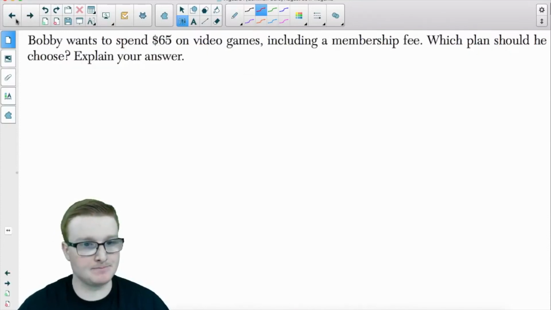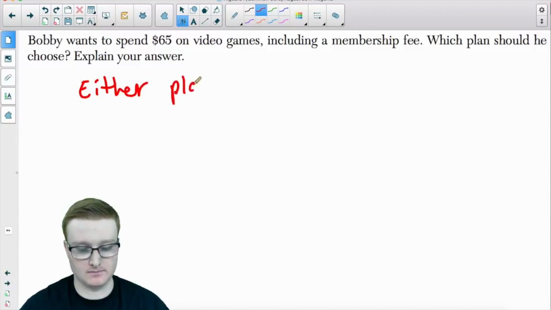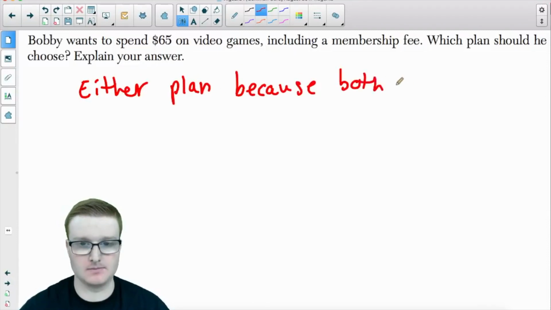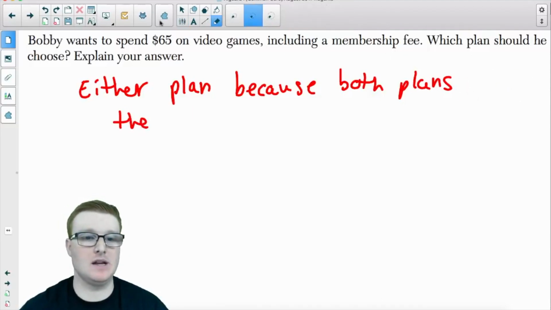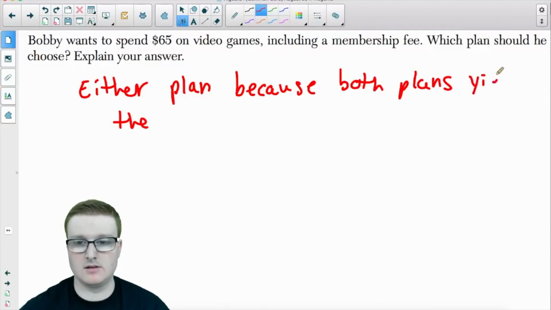So we're going to say that either plan, because both plans yield, that should be I before E except after C, except in words that sound like neighbor and weigh.